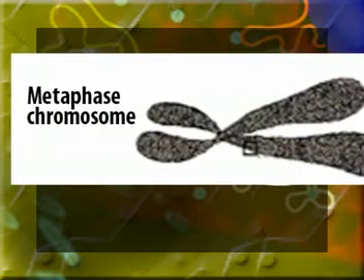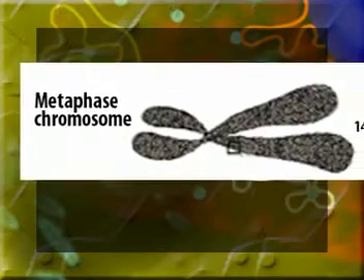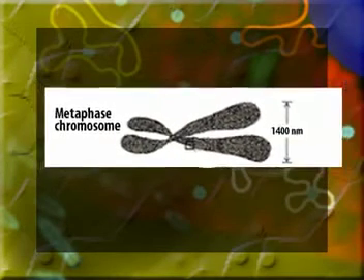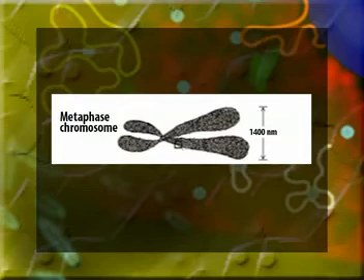The condensed piece of chromatin has a characteristic scaffolding structure that can be detected in metaphase chromosomes. The scaffold is made of non-histone proteins and retains the general shape of the metaphase chromosome.